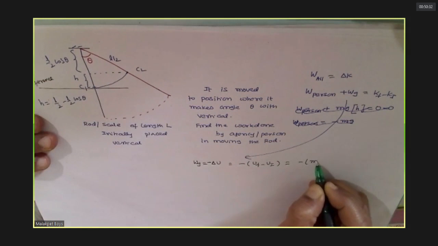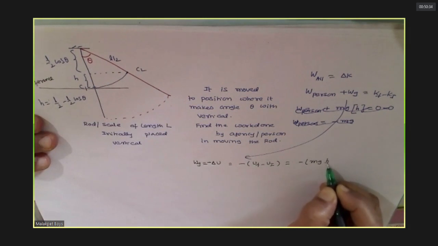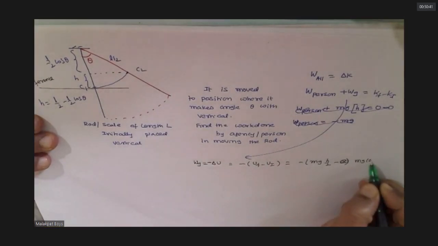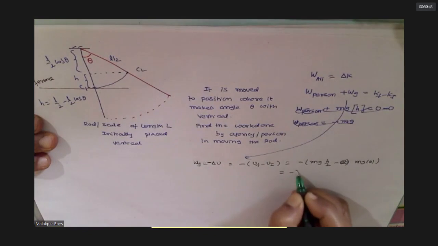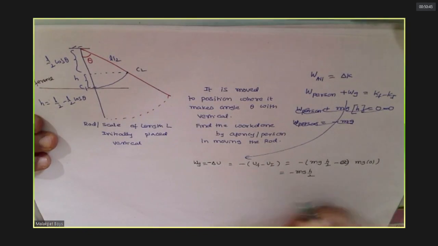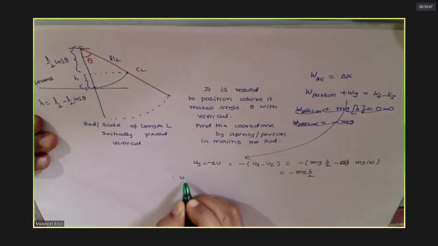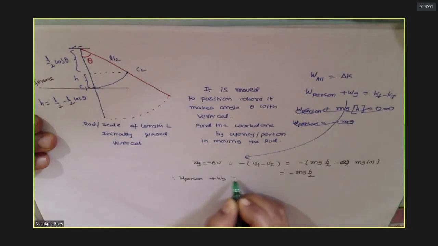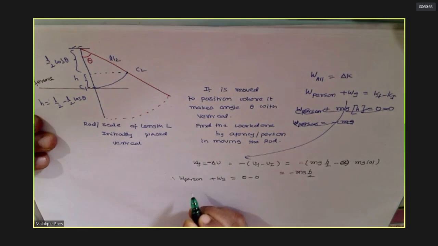Finally, you have mg upward. Initially, it is zero, because there is no height. So this is minus mg h by 2. Therefore, work done by person plus work done by gravity equals final minus initial.